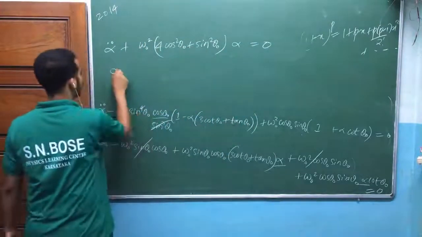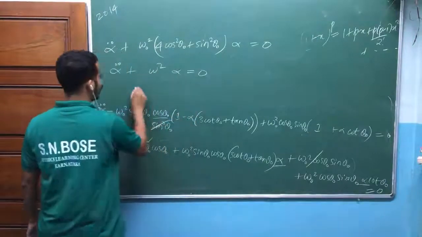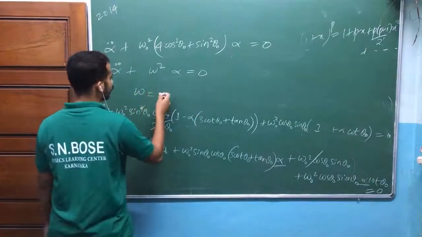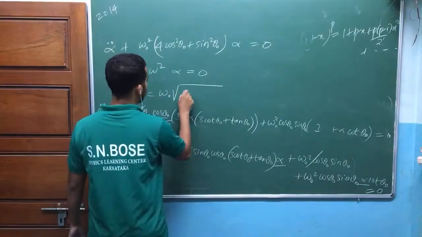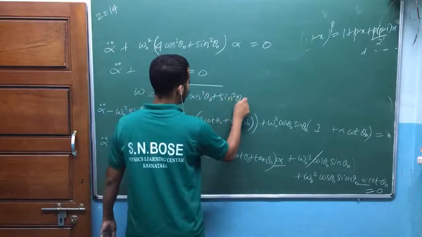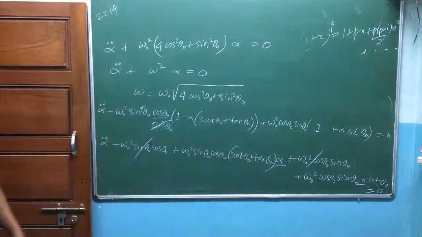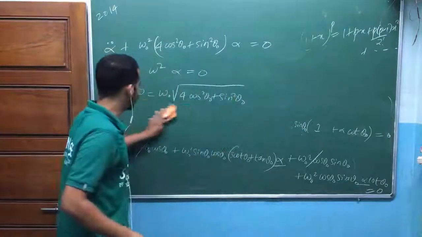This is nothing but alpha double dot plus omega square alpha is equal to 0, where omega is equal to omega naught root of 4 cos square theta naught plus sin square theta naught. Quite lengthy, isn't it? What is that omega naught? Any idea?